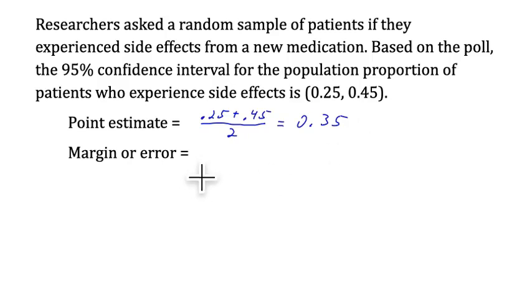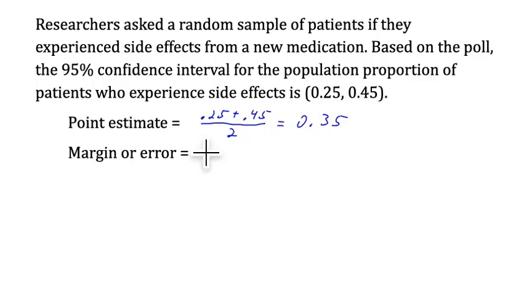The width of this interval lets us know that the methods used to take this sample led to a somewhat imprecise estimate of the true proportion of patients who experience side effects. Now, the margin of error is the distance from the middle of the interval to either one of the endpoints.